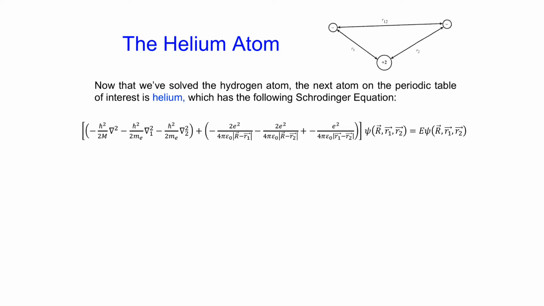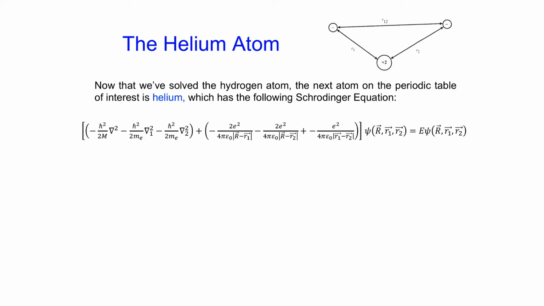Okay, so we just translate that into a Schrodinger equation where we put together our kinetic energy terms. Hopefully you recognize these as our kinetic energy terms. Remember, the del squared operator is the shorthand notation for our kinetic energy: d squared dx, d squared dy, all of those terms, or in spherical coordinates, whichever coordinate system you're working with.